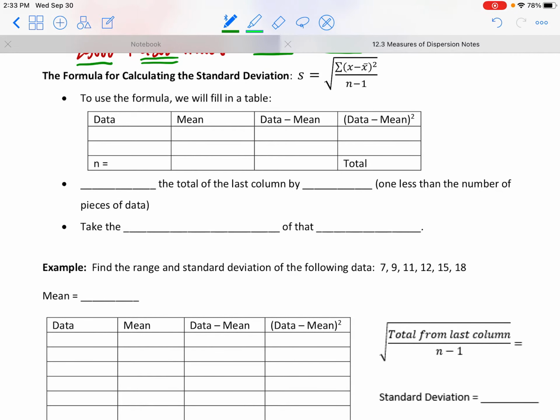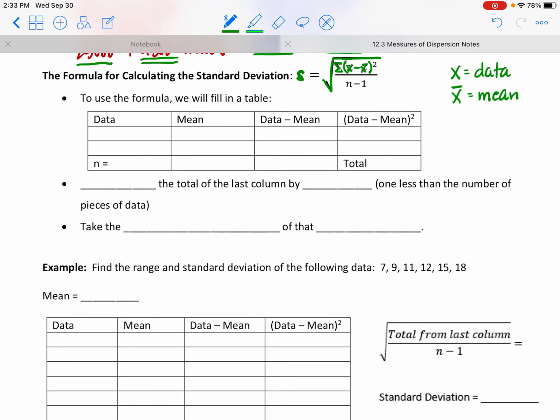This is the formula. It says S, that's for standard deviation, is going to equal the square root of this little e, which is called a sigma. That means the sum of this, which is x minus x bar, where x is the data piece, and x bar is a symbol for the mean.